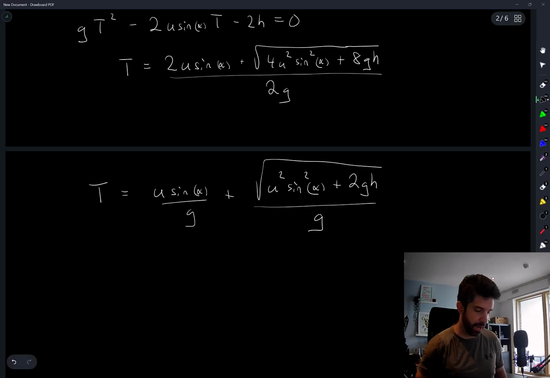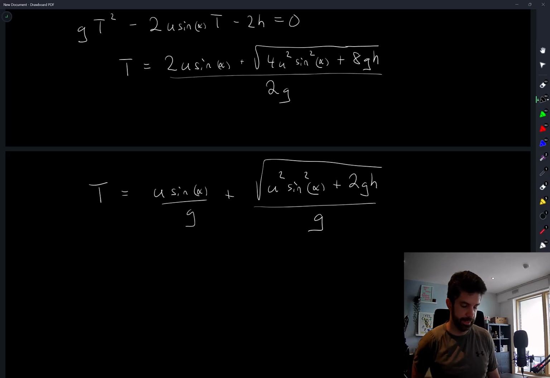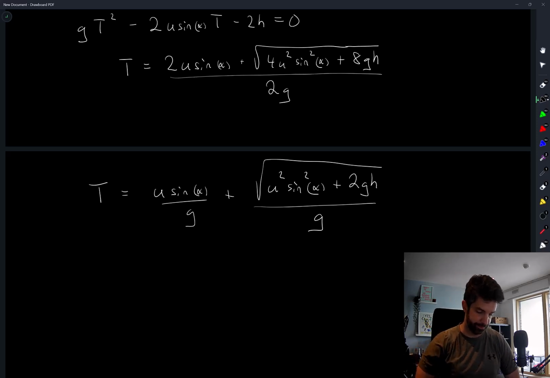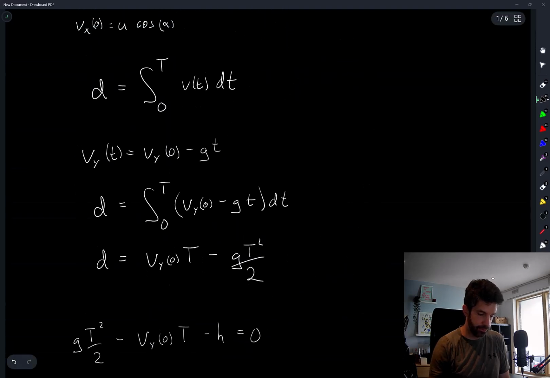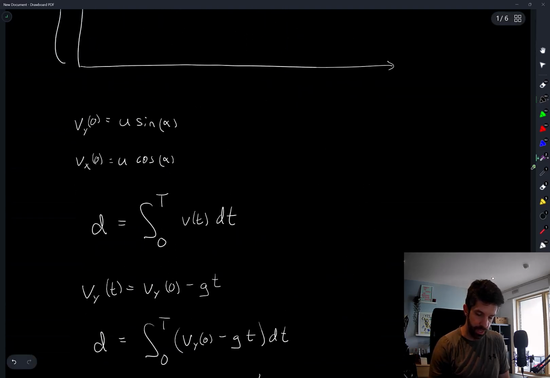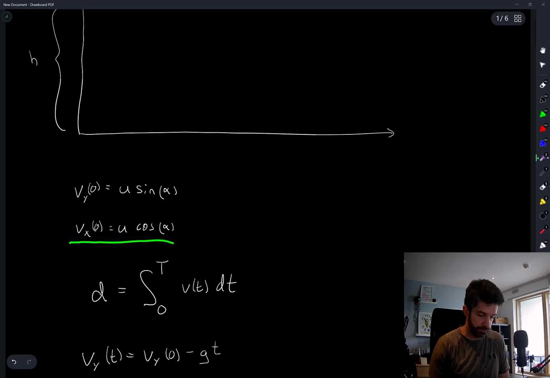Okay, so this is the amount of time that the projectile spends traveling. And then the distance that it travels in the horizontal direction, where the horizontal velocity does not change.